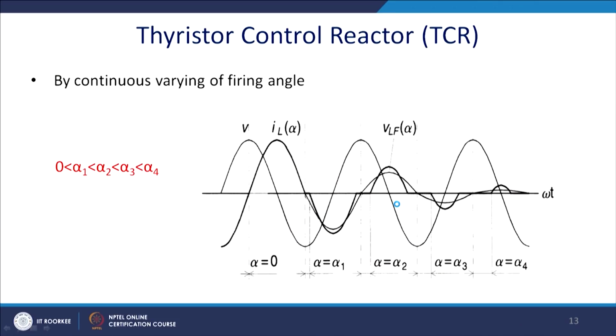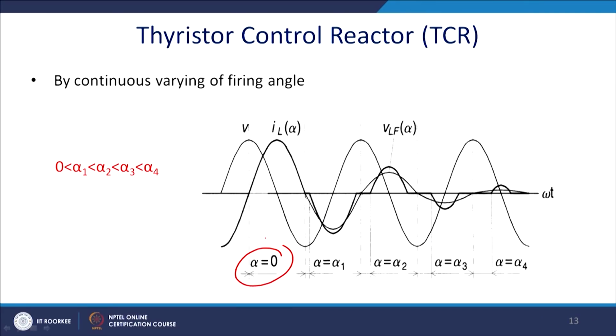Now, let us see by continuous firing angle, if you gradually change the firing angle, sometimes it is required mostly for damping purpose. So, we start with alpha equal to 0. In the first half cycle you get it here, thereafter you introduce a small delay, that is alpha 1, and thus you get this current.